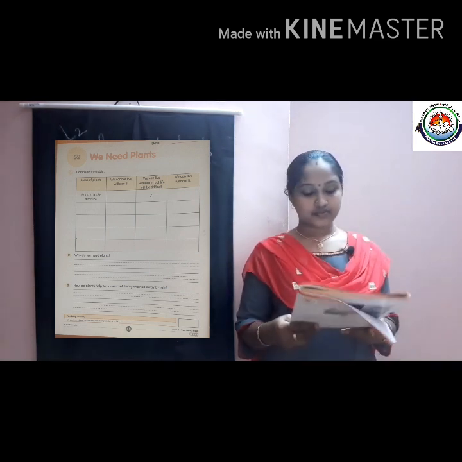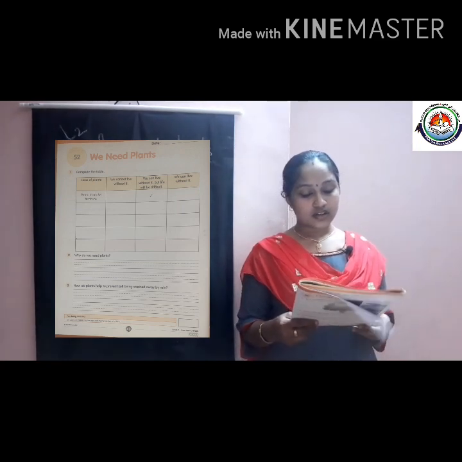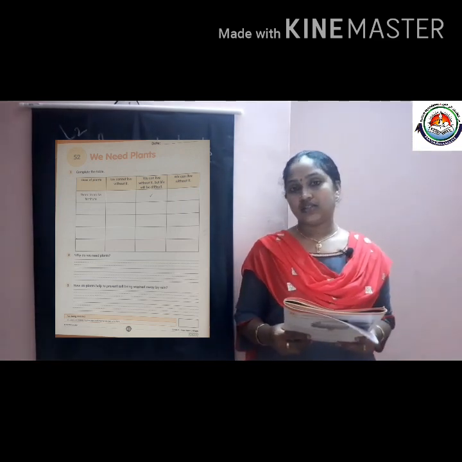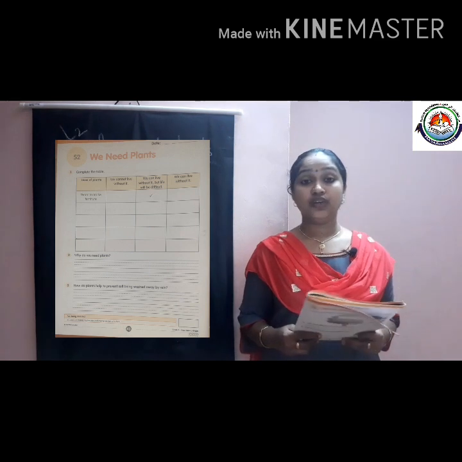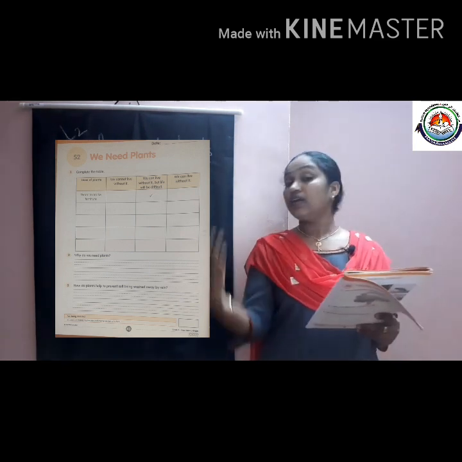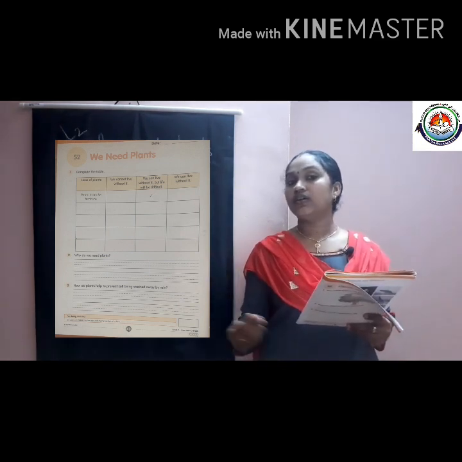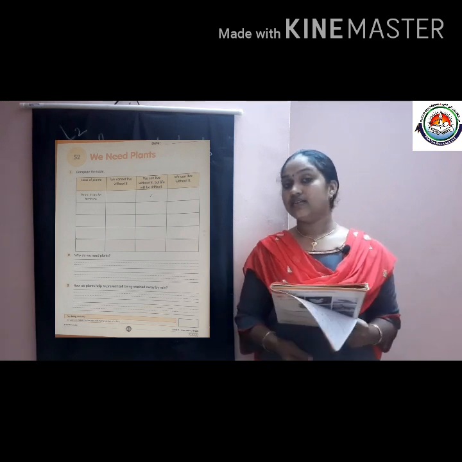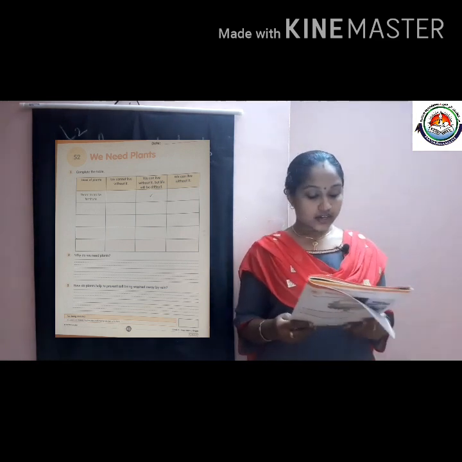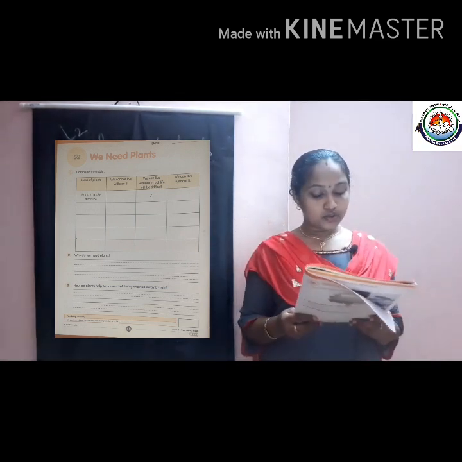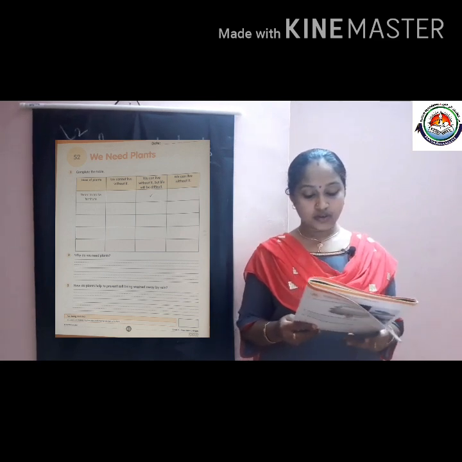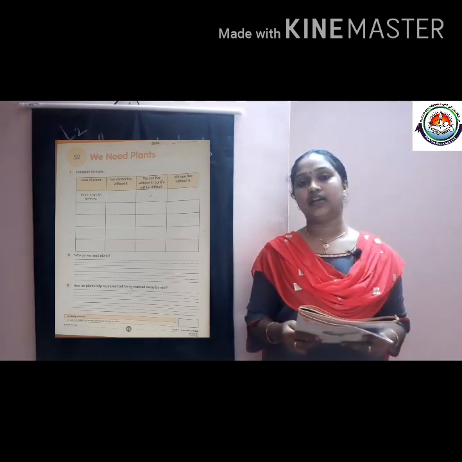Okay. Then the second question, why do we need plants? Various uses of plants we learned already. You can write it in a sentence. Then the last question, how do plants help to prevent soil being washed away by the rain?